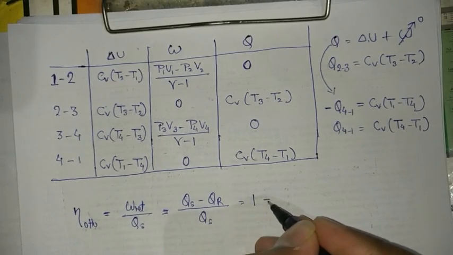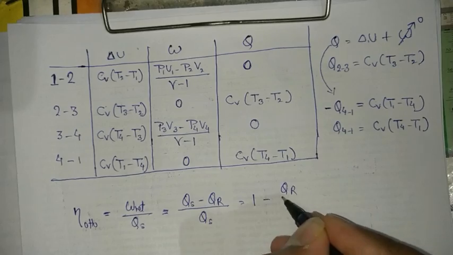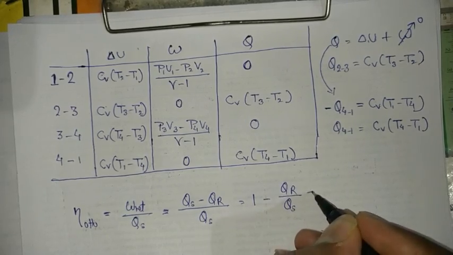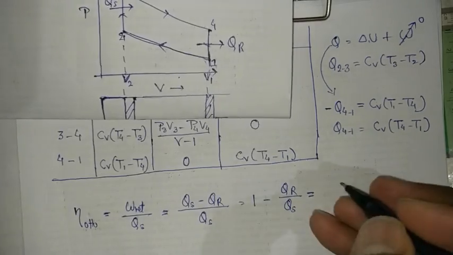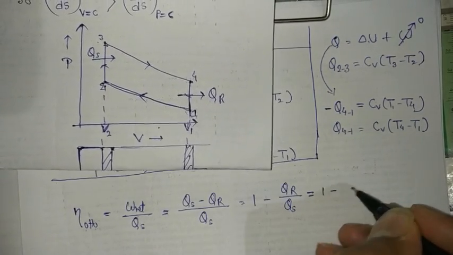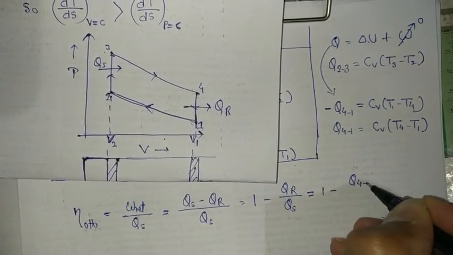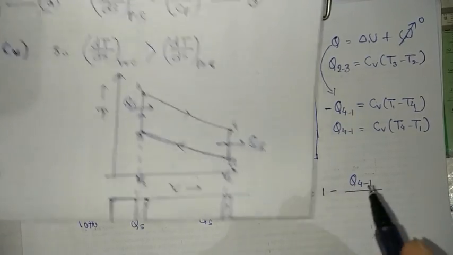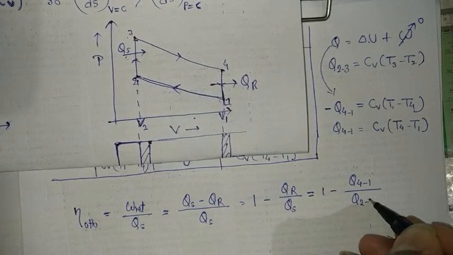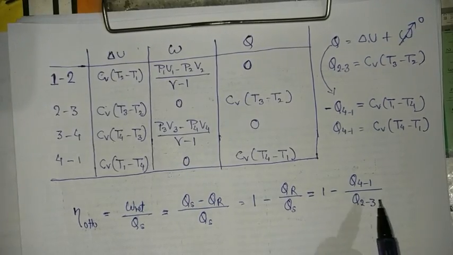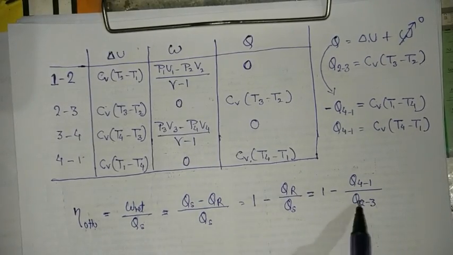This will come as 1 minus QR over QS, and we know that heat is being rejected in 4 to 1, so we can write 1 minus Q 4 to 1 divided by Q 2 to 3, as heat is being supplied in process 2 to 3. We know the values of Q 4 to 1 and Q 2 to 3.